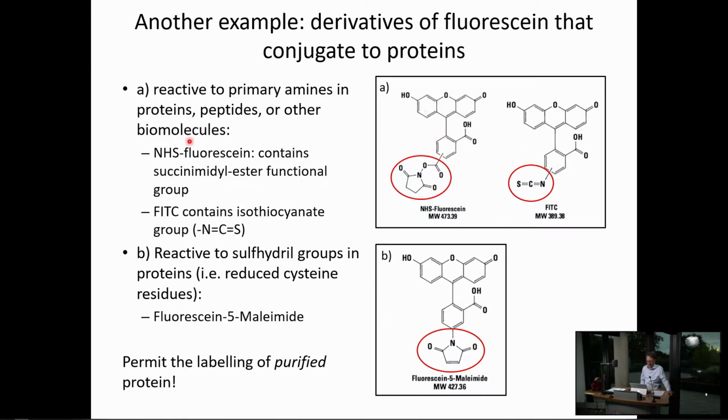So one is NHS fluorescein, the other one is FITC, which has this isothiocyanate group on it that does the same thing. You can also get dyes that are reactive to sulfhydryl groups in proteins. This will be in molecules, for example, that contain cysteine groups and so on.